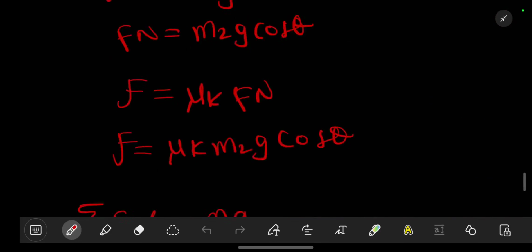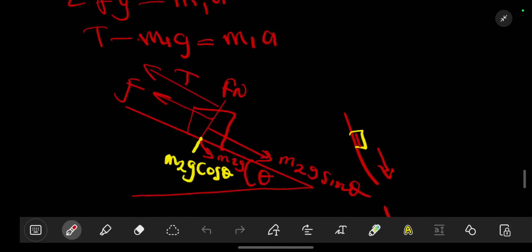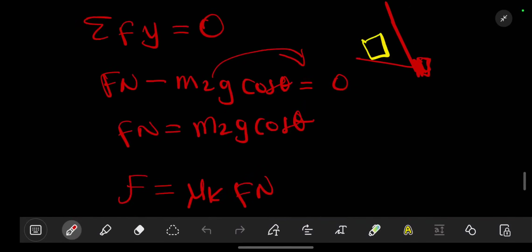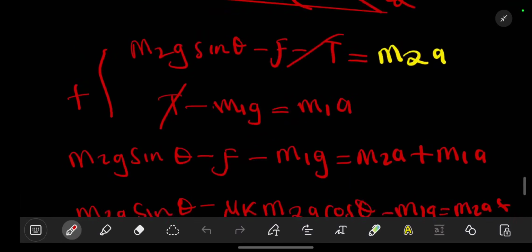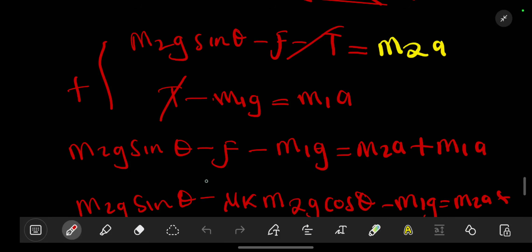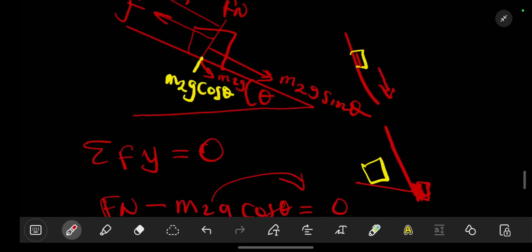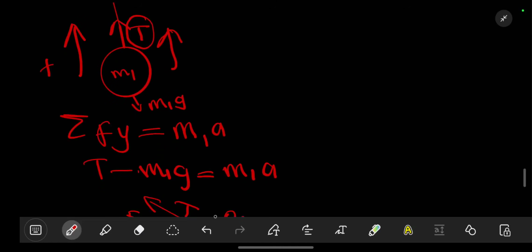Then to find the tension, we're just going to grab our tension equation. We can even use that other one, this long one, since it has tension. Yeah, we can use it if we want, but that would be complicating things. So let's take the easier one, which is this one.